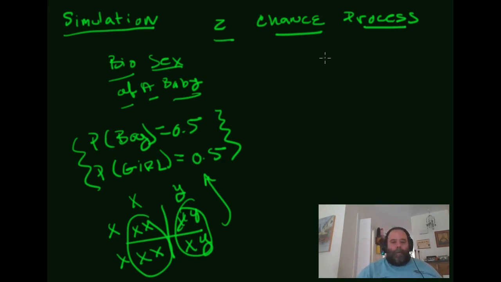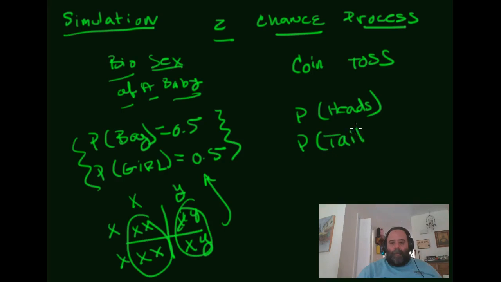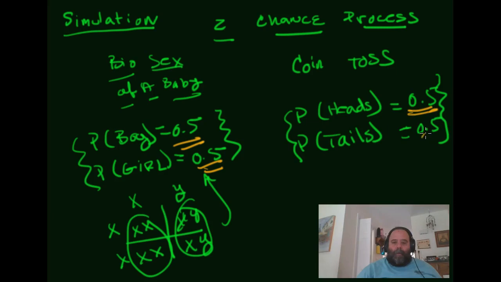A similar chance process is a coin toss. Okay, so the probability of heads on a fair coin versus the probability of tails on a fair coin is 0.5 and 0.5, right? So what we notice about these two chance processes is that the probabilities for the possible outcomes are identical.